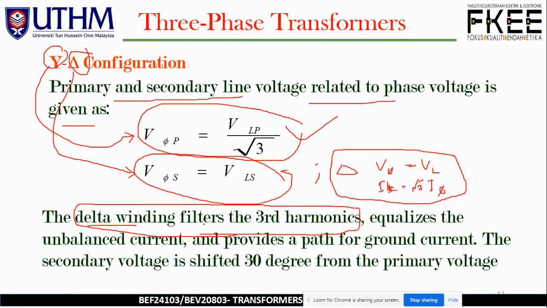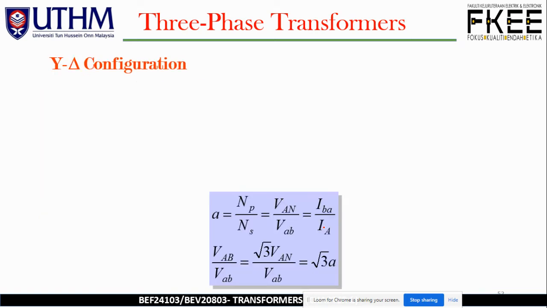So you are able to filter or eliminate the third harmonics that give the increasing current, especially the one flowing in the neutral conductor, and equalize the unbalanced currents and provide a path for ground currents. So the secondary voltage is shifted by 30 degrees from the primary voltage.